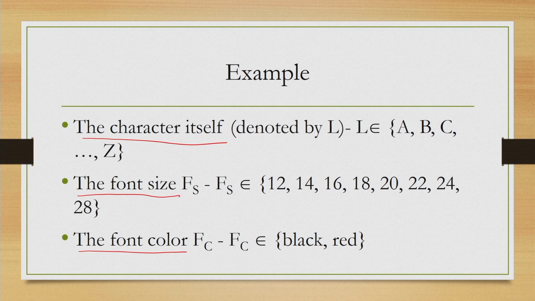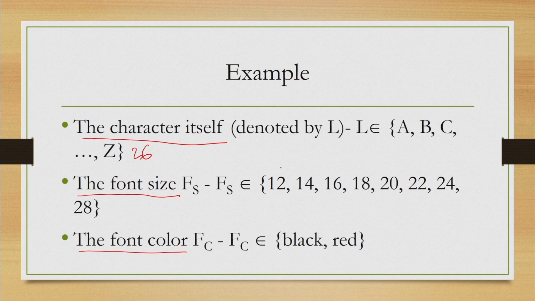So, there are 26 letters in the alphabet and the character can take any of these values. The size of the font again is a variable which can get a value from a set of predefined values.